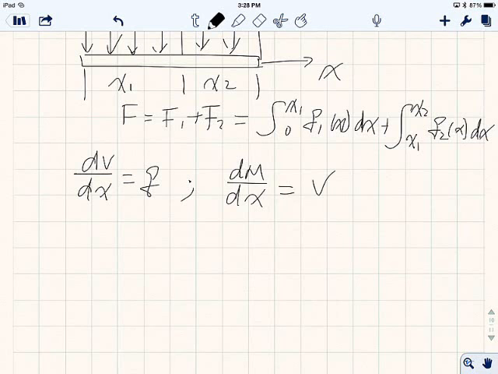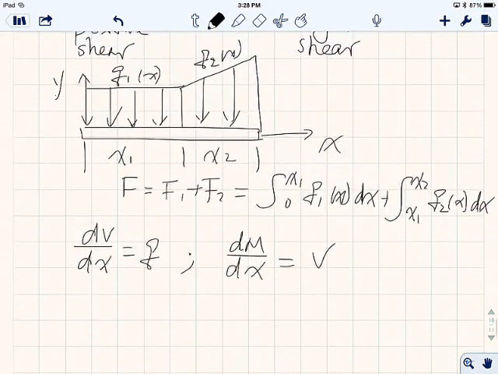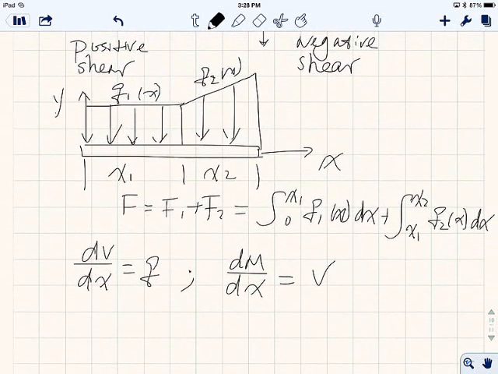Oh, one thing I forgot to mention. Here, the resultant forces F1 and F2, you have to use integration to calculate them now, right? But the integration of a function of x is nothing but the area underneath the curve. The purpose of integration's invention is to calculate the area.